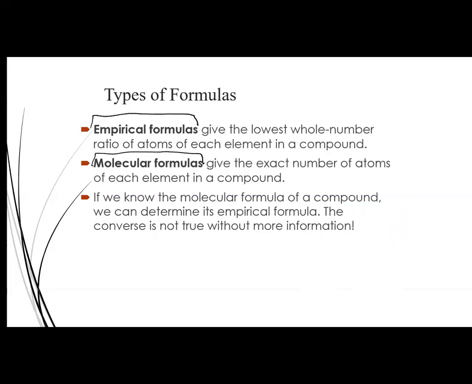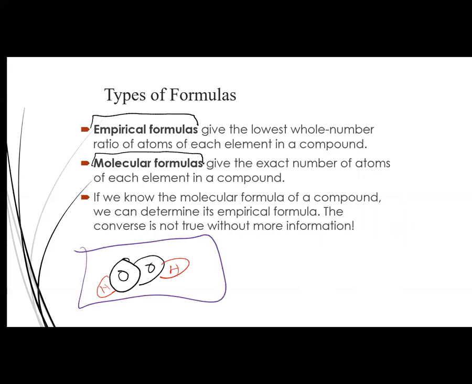So let's say that our set is going to include two oxygens and it's going to include two hydrogens. Now this entire thing is one molecule. So there's one set. And this is hydrogen peroxide. So its molecular formula would be H2O2 because you need two hydrogens and two oxygens in order to make that one molecule of it, to make that set.